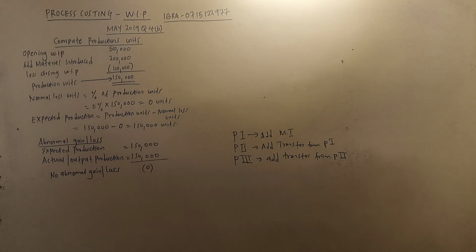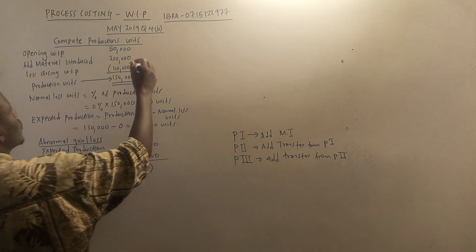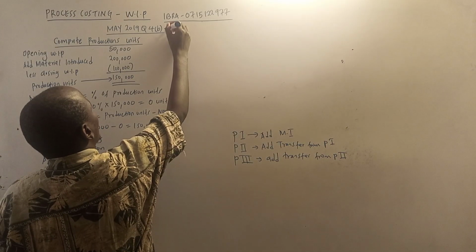Now, if you have that, we can compute the statement of equivalent units, as requirement of number 1. But remember, you're using the average method.